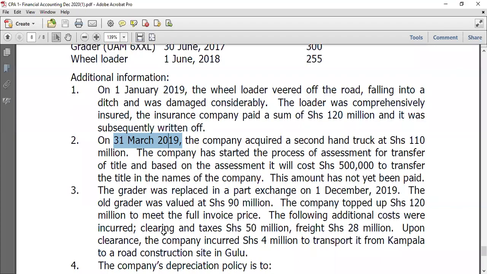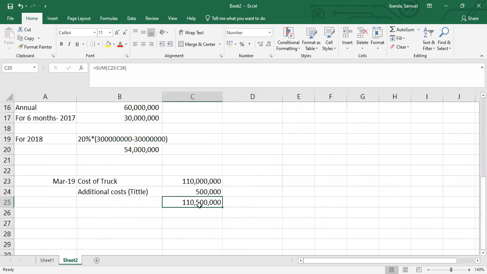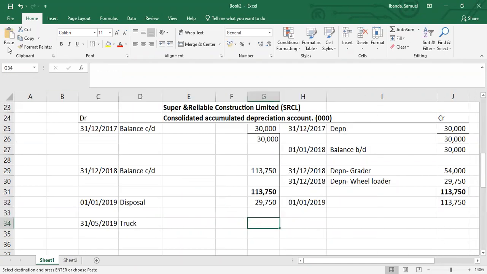This is a truck, so we shall capitalize the whole amount. Since we have a degree of precision, I remove 3 zeros to get it to 110,500.